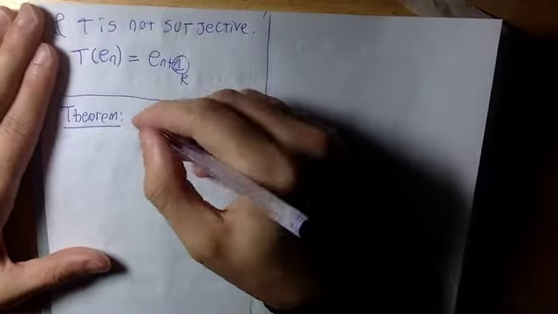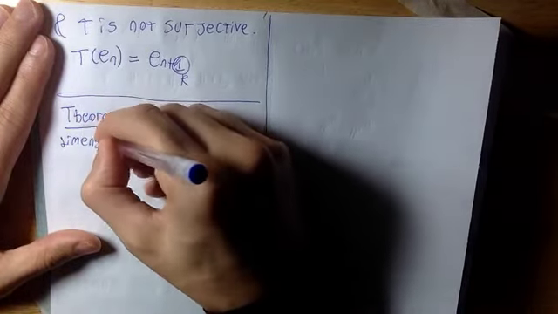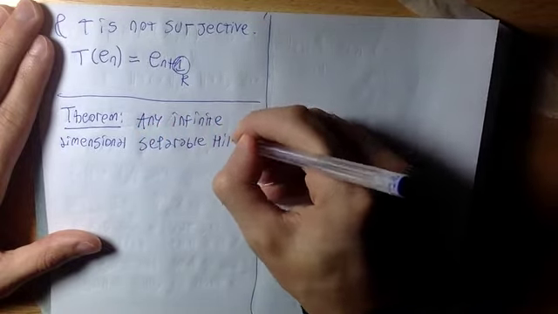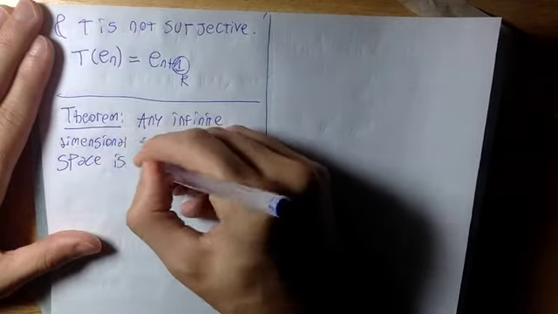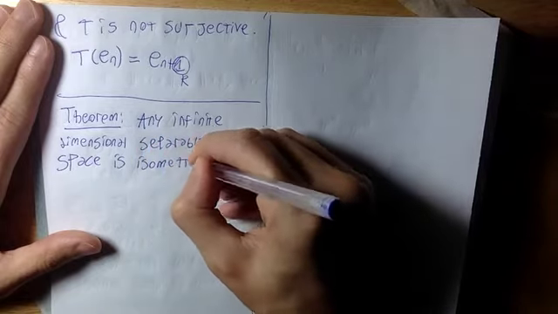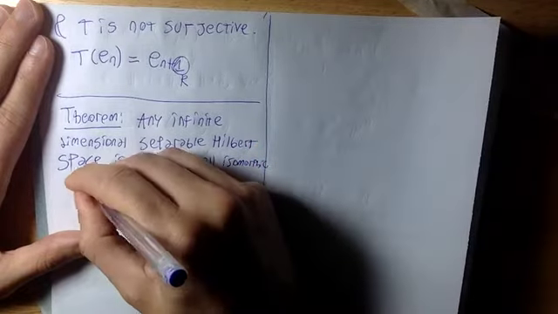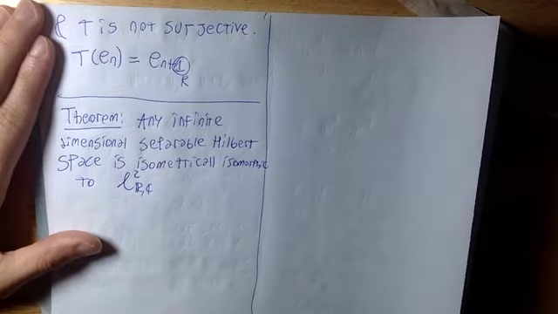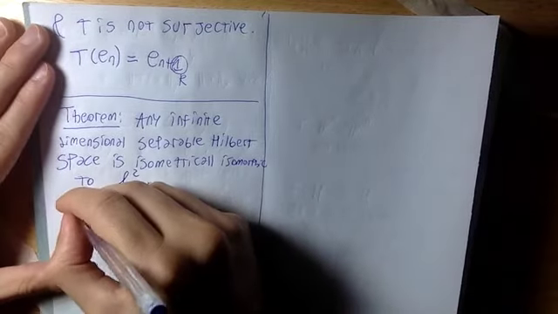Theorem: any infinite dimensional separable Hilbert space is isometrically isomorphic to little l2, and here we can put R or C depending on whether it's a real or a complex Hilbert space. So what is the proof of this?